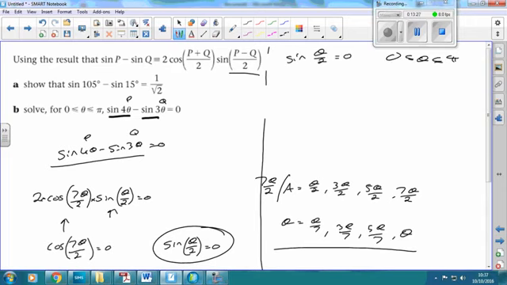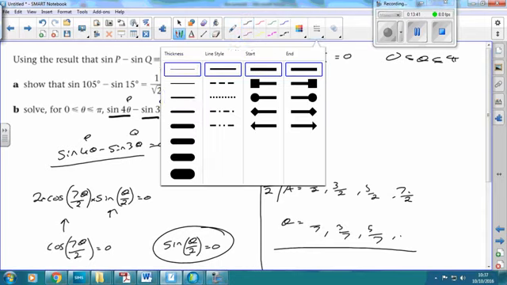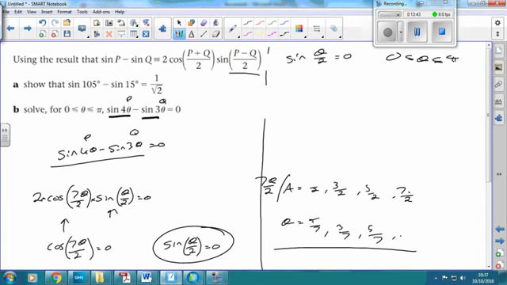Sorry, all of these, just realised that should be pi over 2, not theta over 2. Right, well done if you spotted that. It should be pi, not theta.